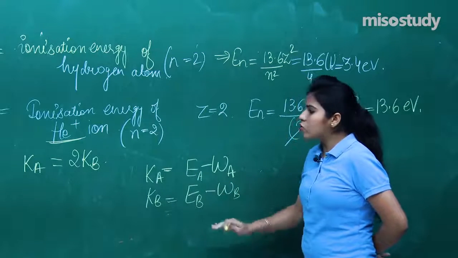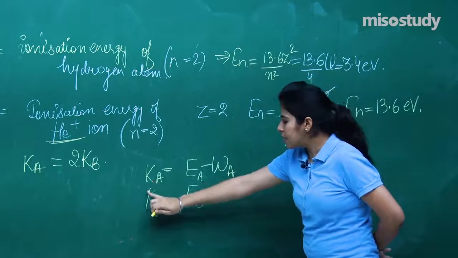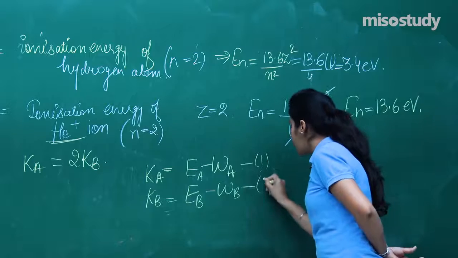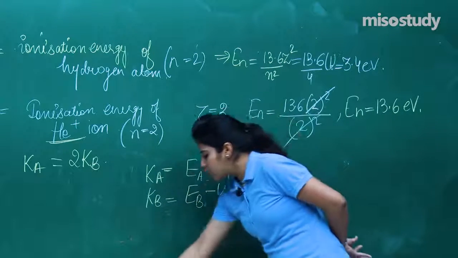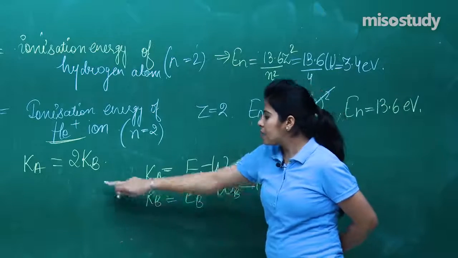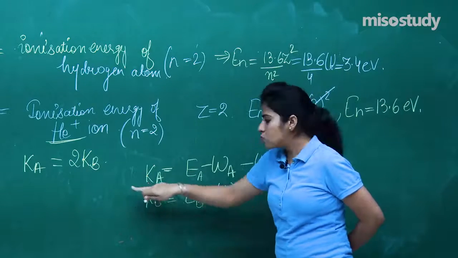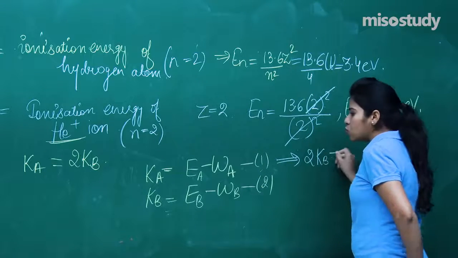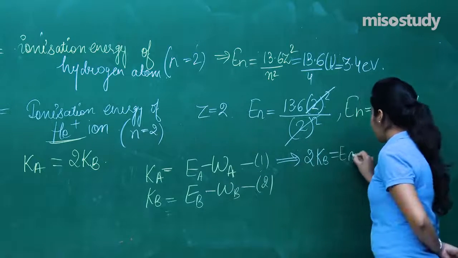So now let us take equations number 1 and 2. Ka is 2 Kb, so let me write that 2 Kb equals Ea minus Wa.